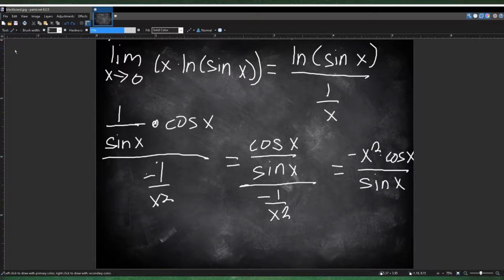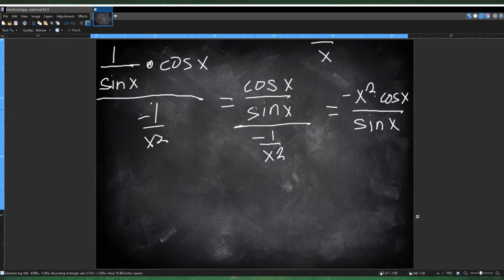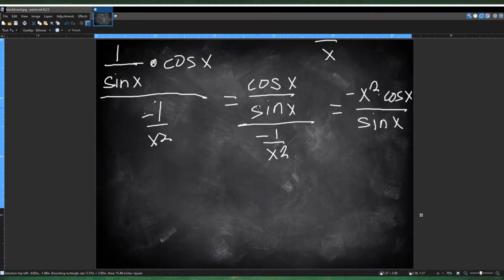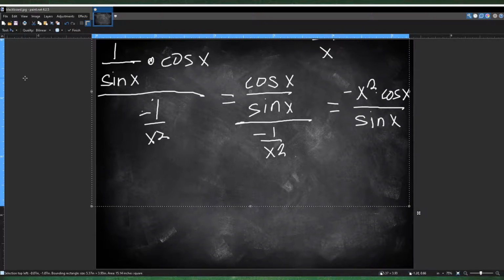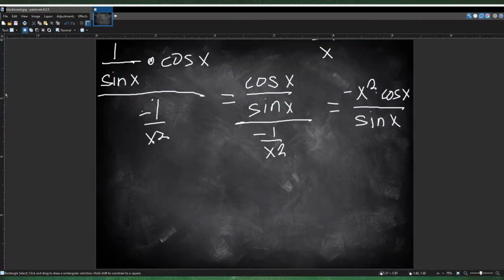So let's move this up so we keep getting room. L'Hôpital's Rule is sometimes really tedious because you always have to keep using the rule to simplify. But other than that, it's actually pretty simple. So the derivative of negative x squared times cosine of x is going to need the product rule, right? Negative x squared is one function and cosine of x is the other.